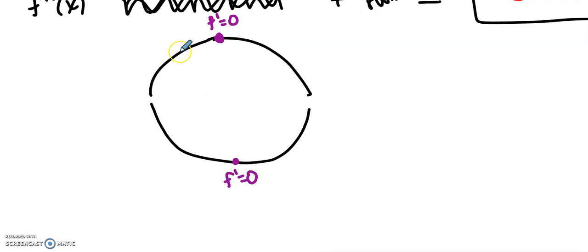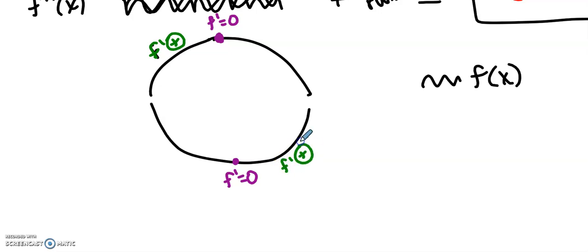On this one, if this black curve represents f, so the black curve is f of x, then here f prime is positive because f is increasing. Here f prime is positive because f is increasing. Here f prime is negative because f is decreasing. Here f prime is negative because f is decreasing.